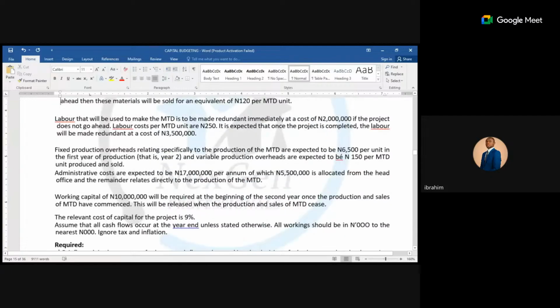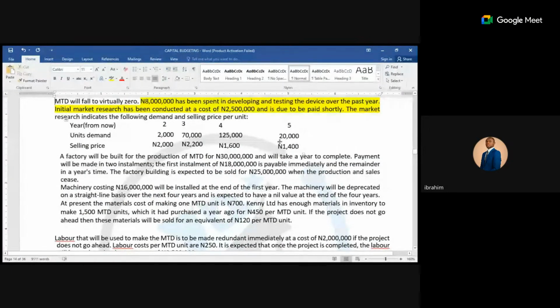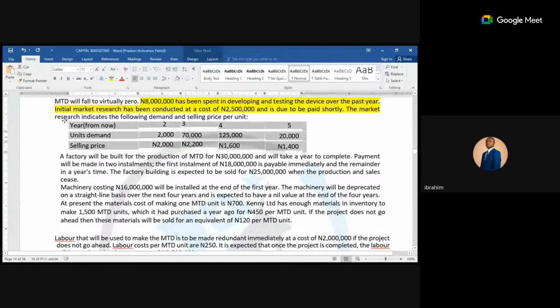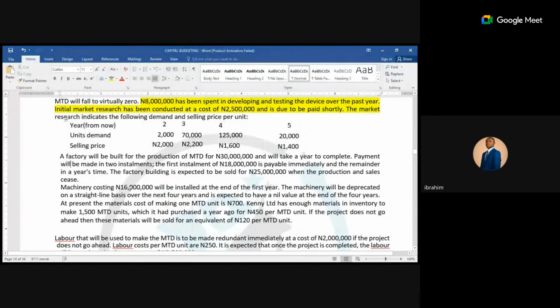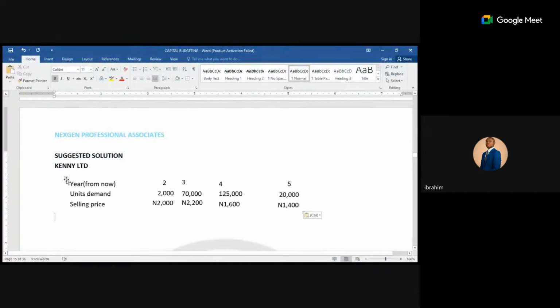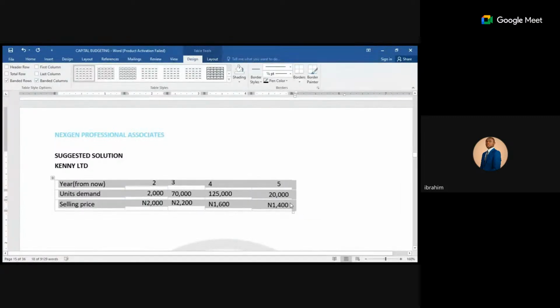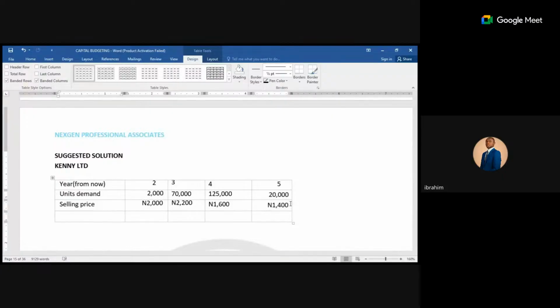We have sales. Let's start from the sales, the selling price. So we can multiply this selling price. So you just give me figure so that we have our sales. What is the sales?